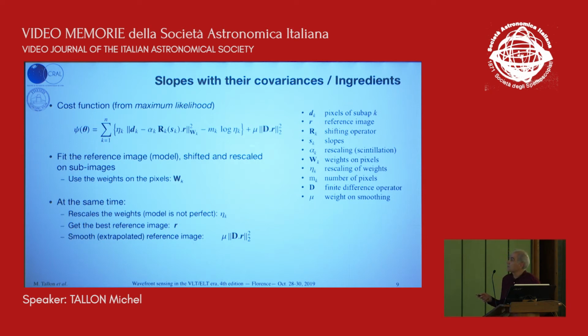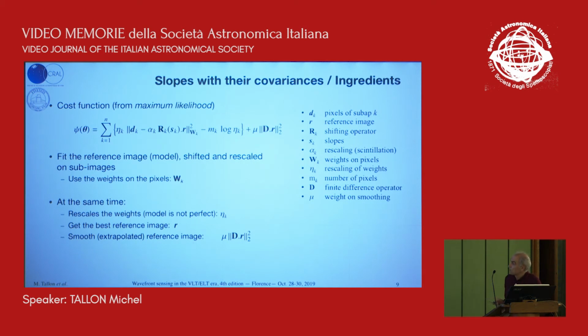So that's why it gives you this log term, which is the log of this scaling parameter, and MK is the number of pixels. And the regularization here is to put constraints on the reference image, and mainly it is for extrapolation, because we don't have all the data to know the reference where we want to know. We will see after.